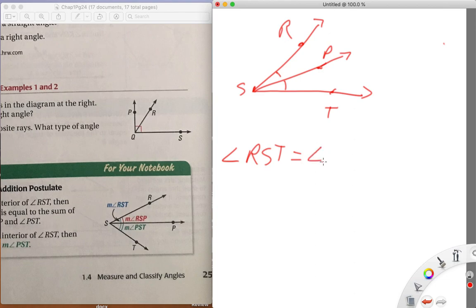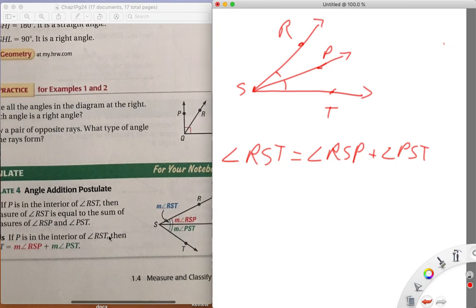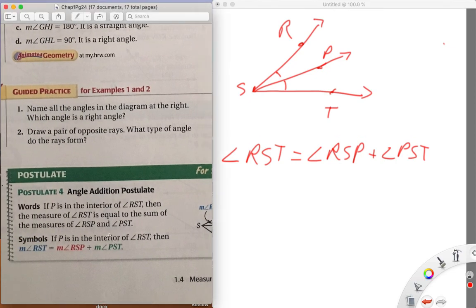So it's the sum of RSP and angle PST. That is all it says. By the way, notice it has these little curvature markings. That just means that these two angles are congruent to each other. So it's an angle bisector, which we'll talk about later in life.